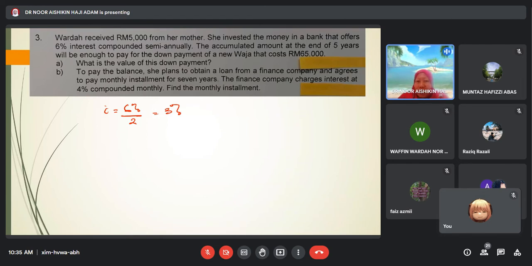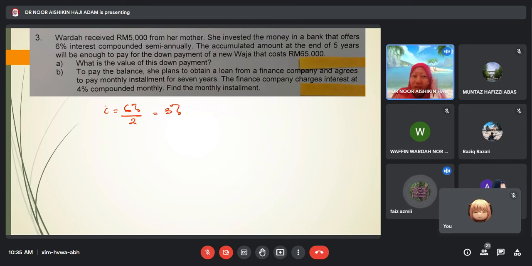The accumulated amount at the end of 5 years will be enough to pay for the down payment of a new wajah that costs 65,000 ringgit. Now we know what 5,000 ringgit is. Apa dia? 5,000 ringgit tu. Is it P or A atau S? A lah, A. P atau E, kelas?